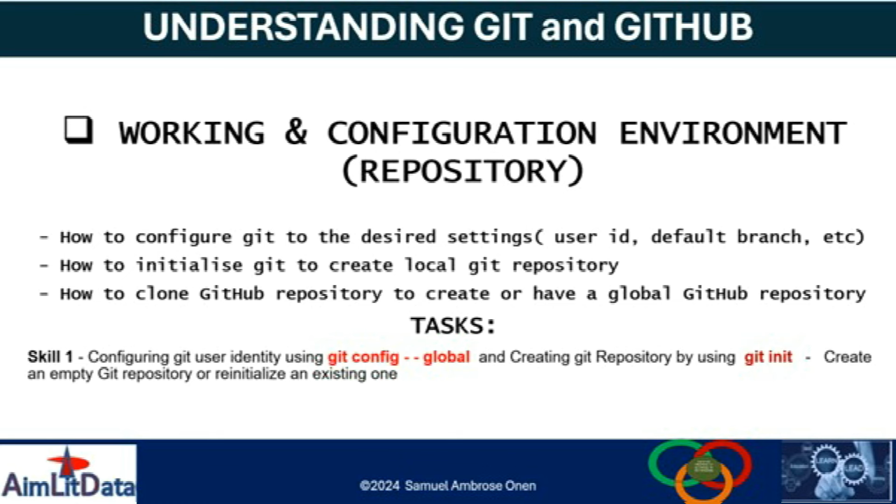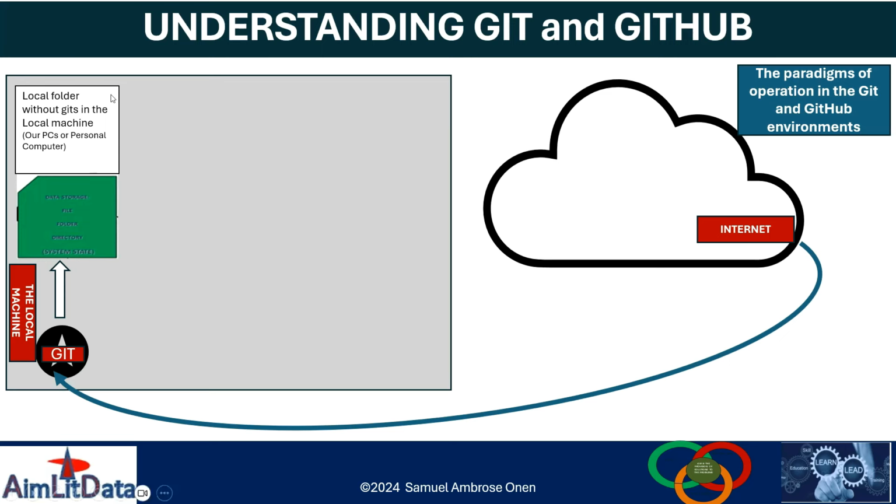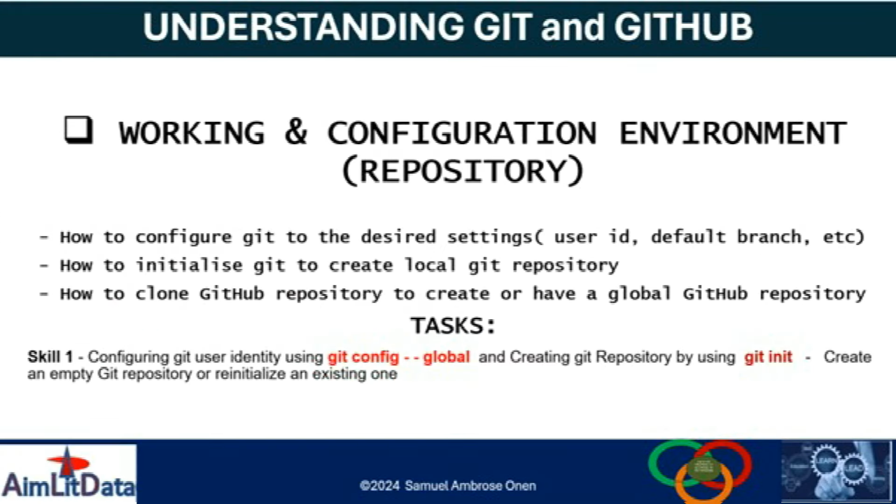Now our Git has the configuration without a repository. We have given the name of the person who will be using this Git on this machine, and the email address. So we have configured Git now.